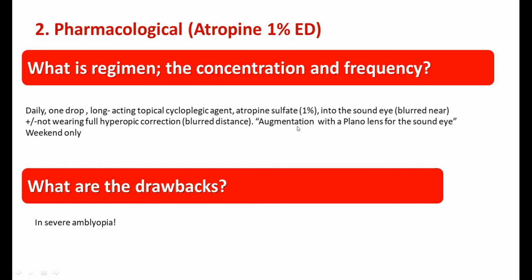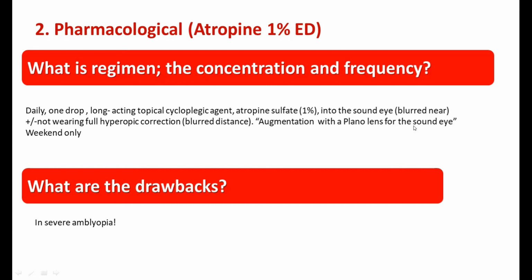And sometimes they add augmentation by prescribing a plano lens to the sound eye. So imagine now that the sound eye has hypermetropic refractive error, and you give it a plano lens. This is called optical penalization.